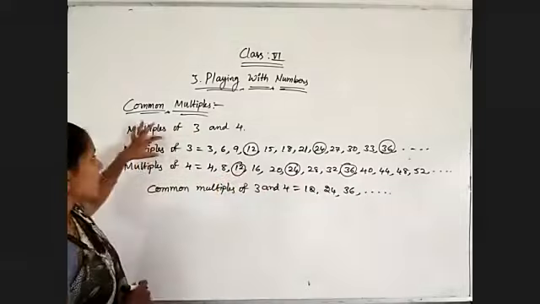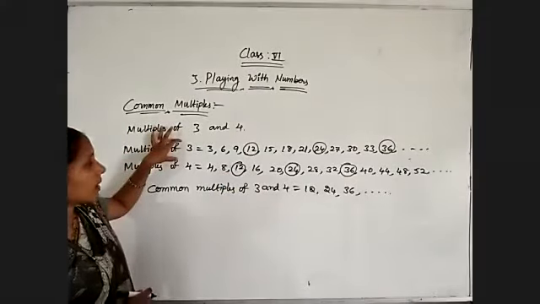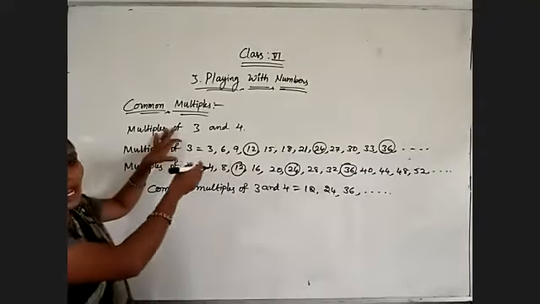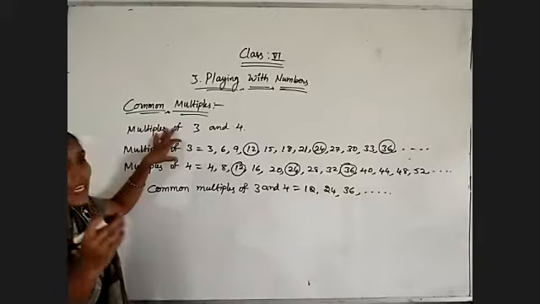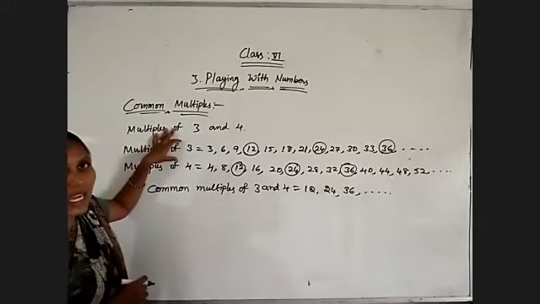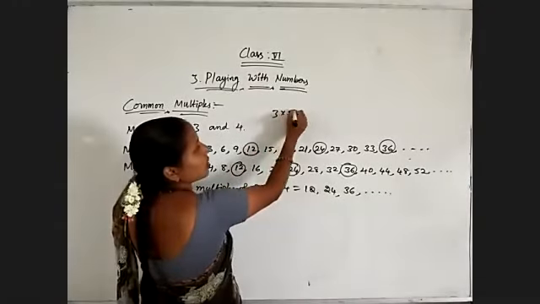First I wrote the multiples of 3 by taking the table, otherwise by adding 3, 3, 3. Why? Because multiplication is nothing but repeated addition. See, 3 fives are 15, yes or no?